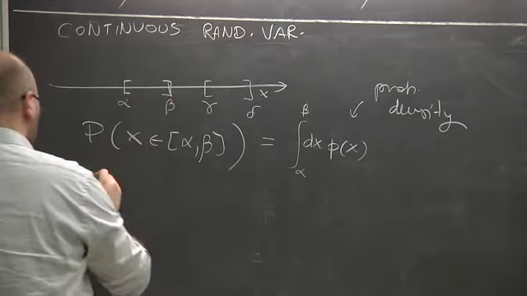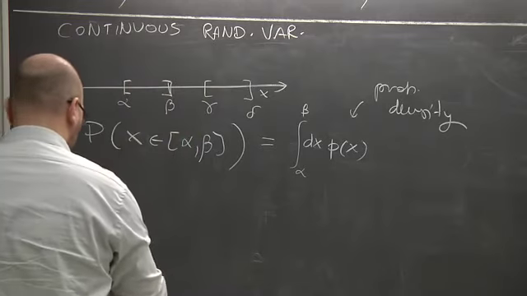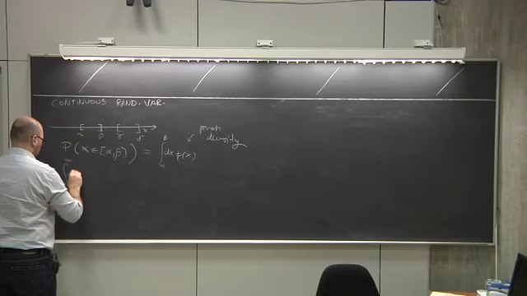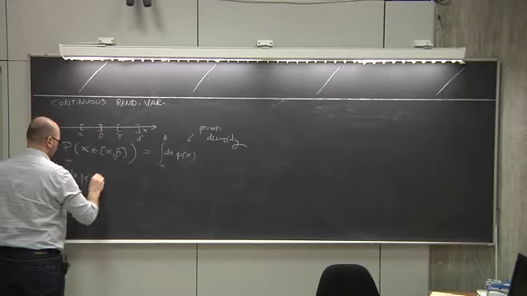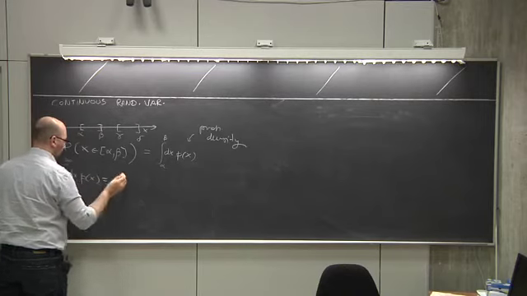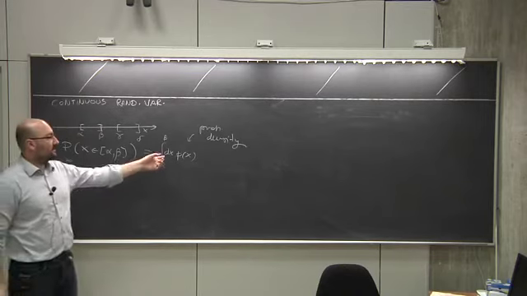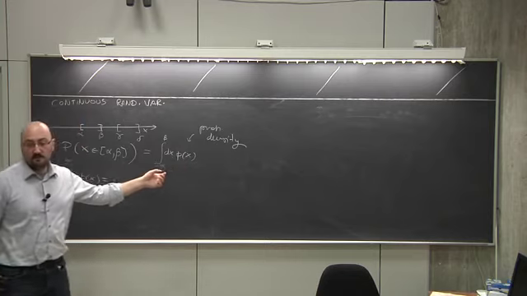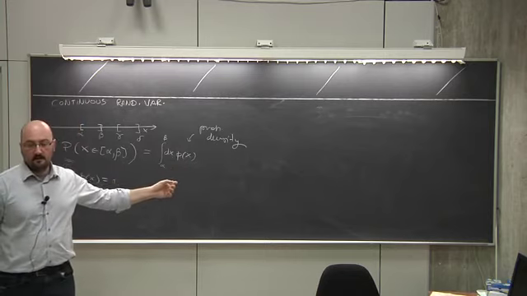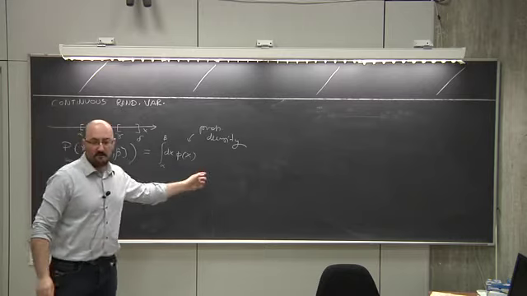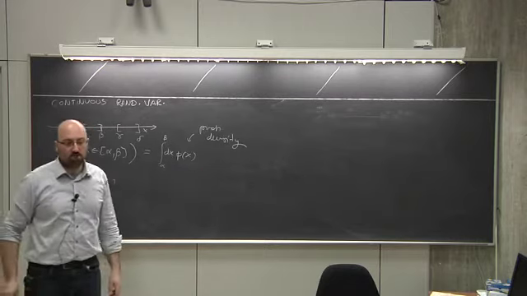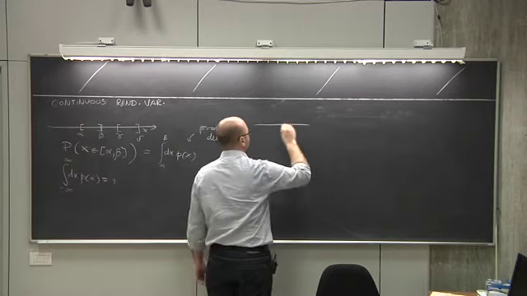Okay, so p of x is positive. The probability density should be positive. Suppose that p of x is negative in some region like this.